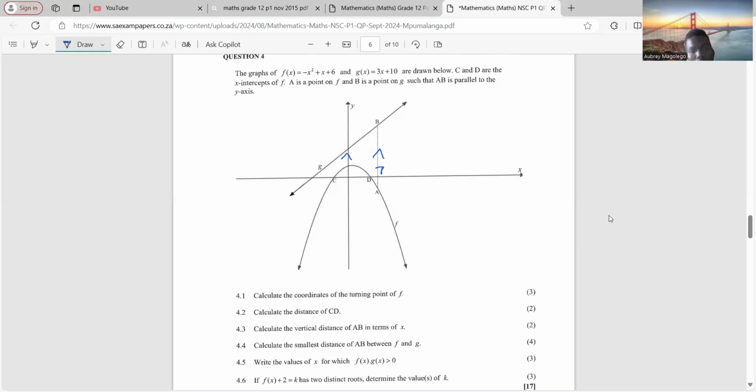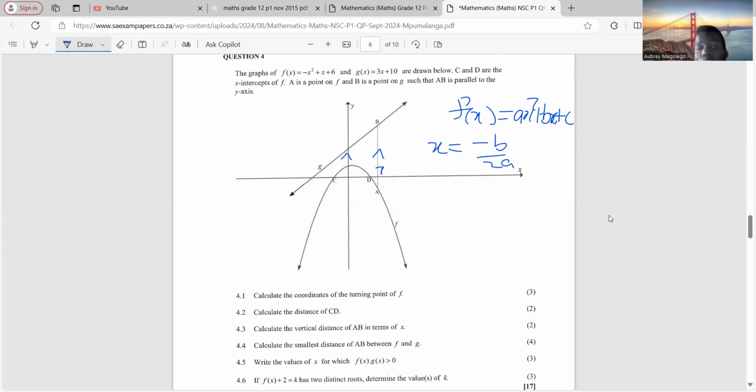Question number 1 says calculate the coordinates of the turning point of f. So guys, when we are given the equation in the standard form, f of x is equal to ax squared plus bx plus c, in order to get the turning point of the parabola, we say x is equal to minus b over 2a to get the x value of the turning point.